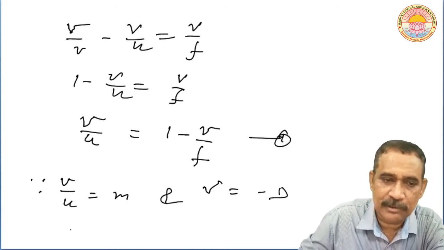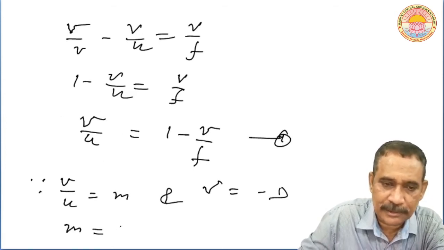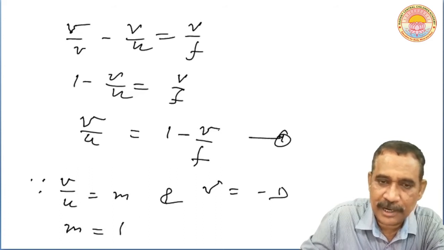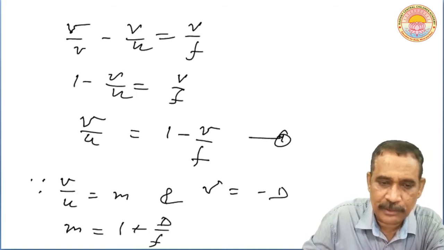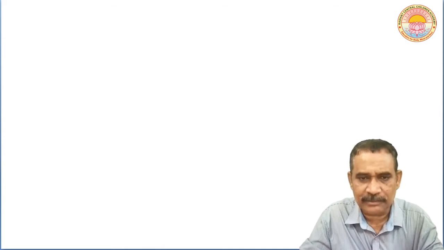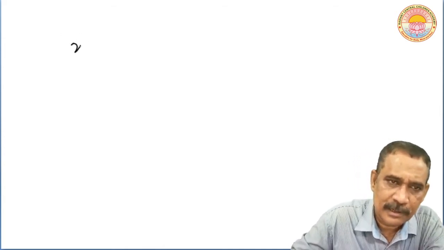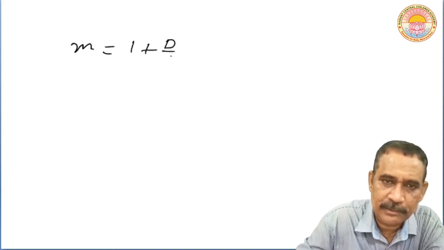So M equals V upon U equals 1 plus D upon F. When the final image is formed at D, the magnification M equals 1 plus D upon F.